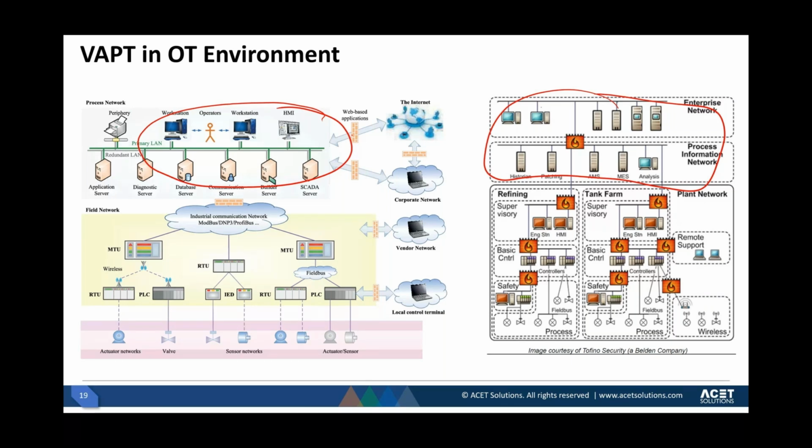So at most, what they were able to tell you is that this Windows server has patches missing, and this computer has the FTP port enabled, and this computer has the HTTP port enabled. These kinds of things are good, but to be able to pen test to the level where you can actually penetrate a well strengthened and well protected OT environment, it's a little bit challenging when the facility is operational.